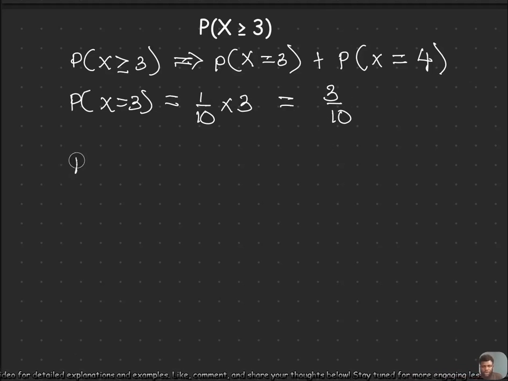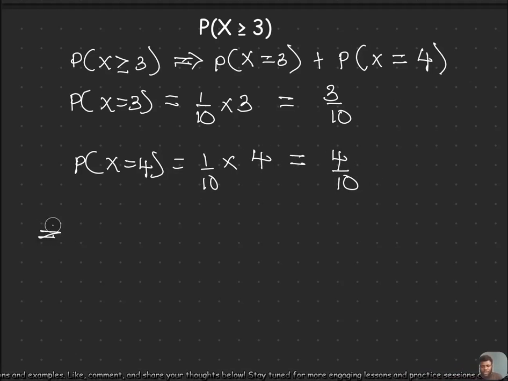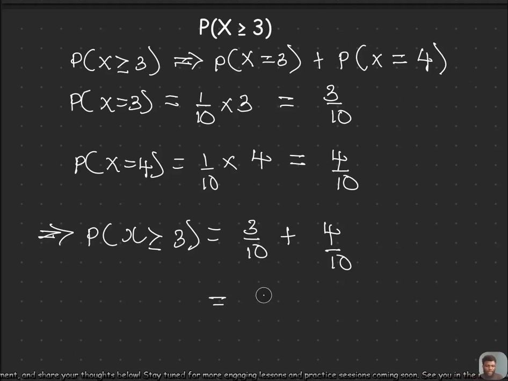Then we solve for the probability of our random variable being 4 as well, so that gives us a 1/10 times 4, which is what? 4/10. So it implies that our probability of x taking a value greater than or equal to 3 is then equal to 3/10 plus 4/10, and evaluating that gives us a 7/10. There's no way we can simplify, right? You can even write that as a decimal. They are all accepted, right?